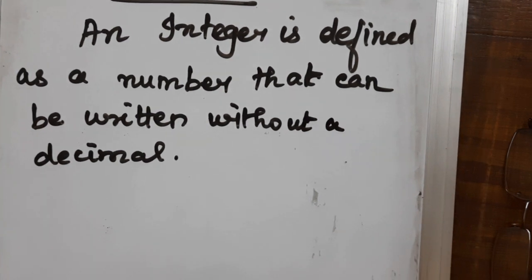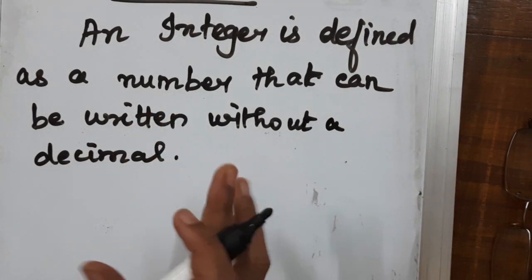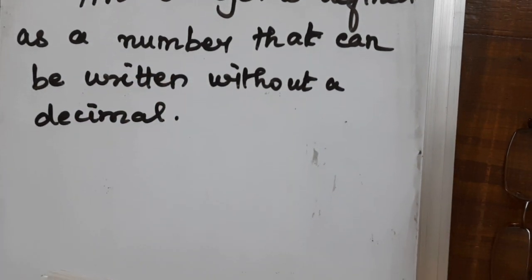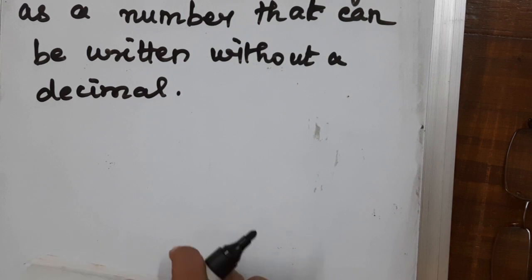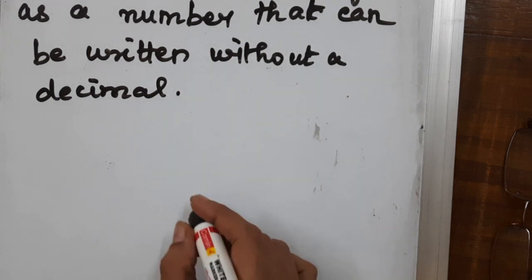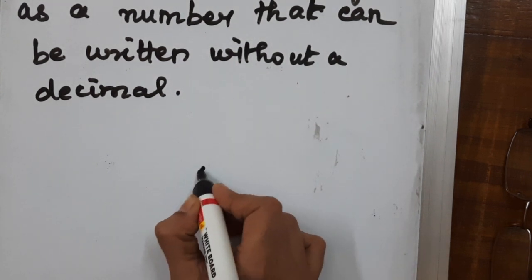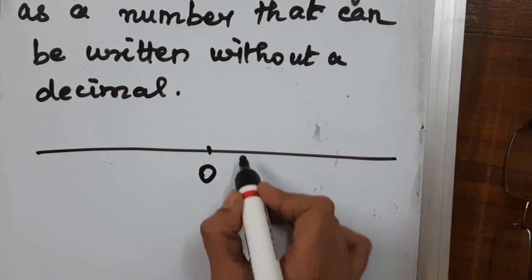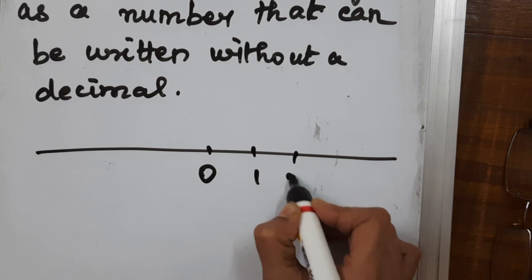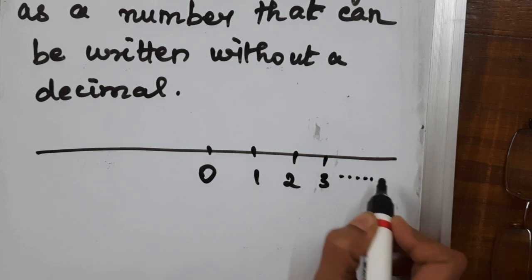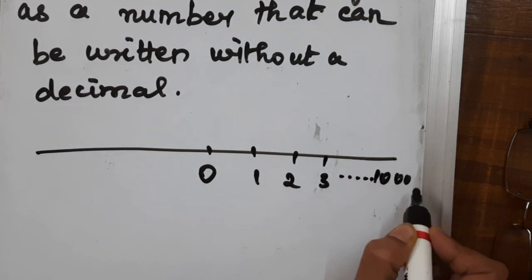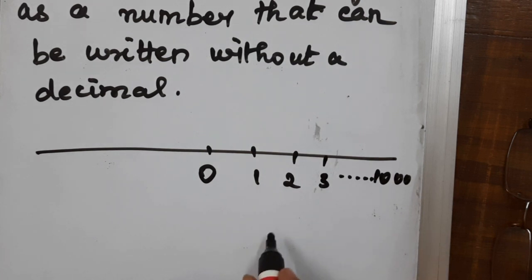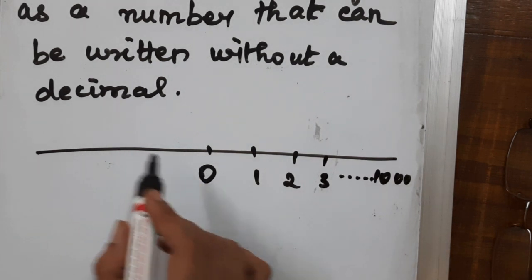So an integer is defined as a number. So what is a number? Numbers start from 0, and it will have plus 1, 2, 3 and it will go on to 1000, lakh, 2 lakh, 3 lakh, 4 lakh. And what about this side?